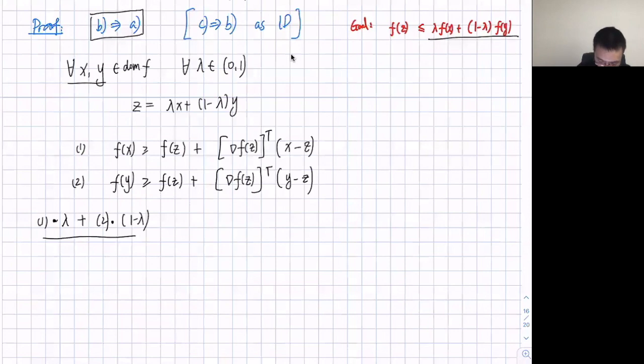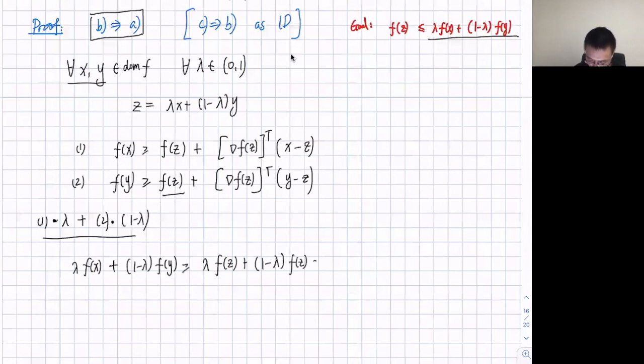So lambda f of x plus 1 minus lambda f of y is greater than, so the first term is multiplied by lambda, so lambda f of c plus; the second term is multiplied by 1 minus lambda, so 1 minus lambda f of c plus.